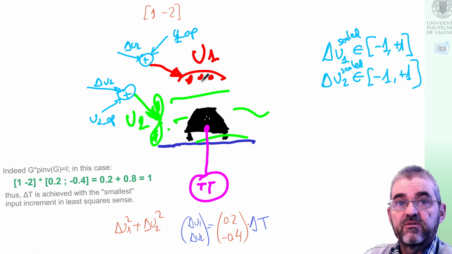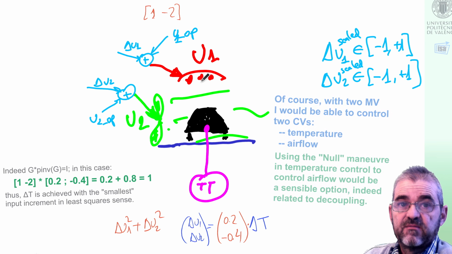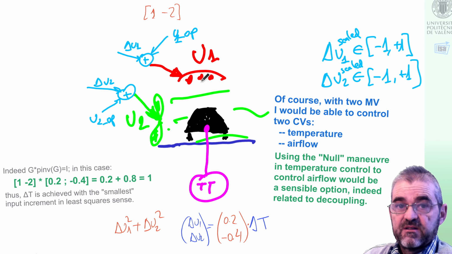Of course, if I were controlling 2 things, let's say airflow for given ventilation needs, whatever needs to be another controlled variable, well, in that case, that maneuver would be associated to decoupling, in the sense that increasing airflow without increasing temperature would need that null space maneuver. So, null space maneuvers are to be avoided in temperature control, but are sought in, let's say, airflow control.